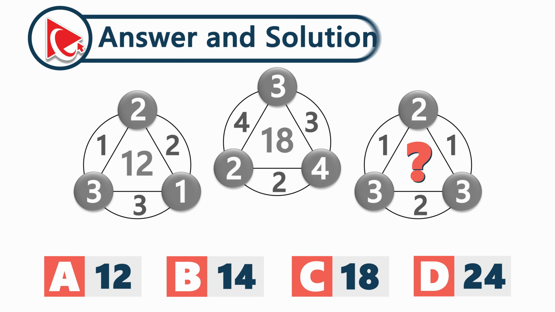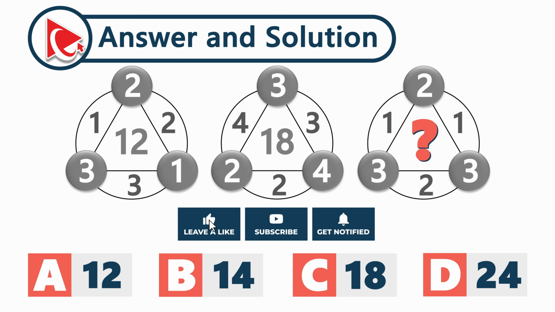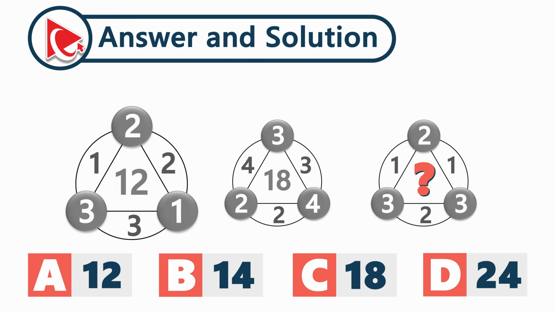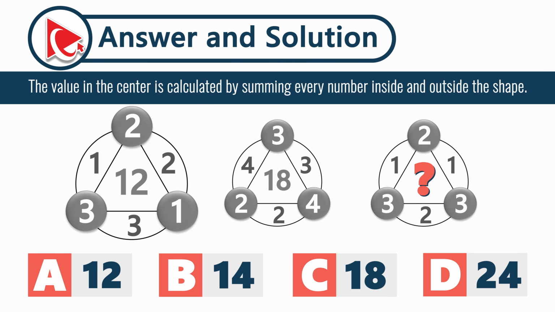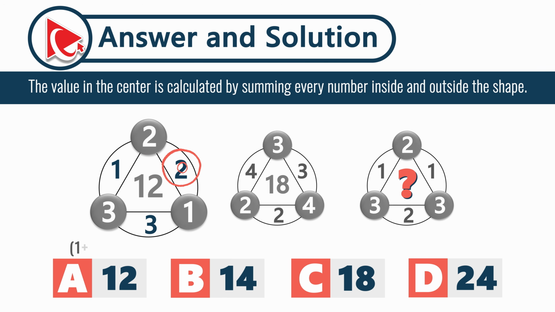The pattern here is simple, but it's hidden in plain sight for most people. But I'm pretty sure you're not one of them though. Take a close look at the first shape. The value in the center is calculated by summing every number inside and outside the shape. 1 plus 2 plus 3 plus 3 plus 2 plus 1 equals 6 plus 6 and equals 12.